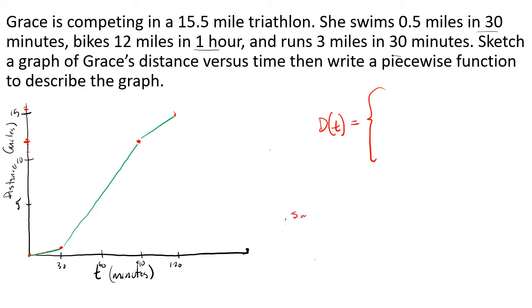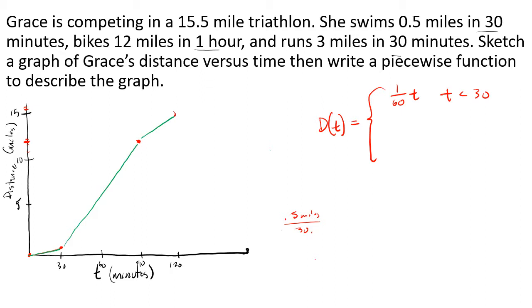Her 0.5 miles in 30 minutes. So 1/60th. So 1/60th t. That part of her triathlon looks like that, and that's only for values of t that are less than 30 minutes.